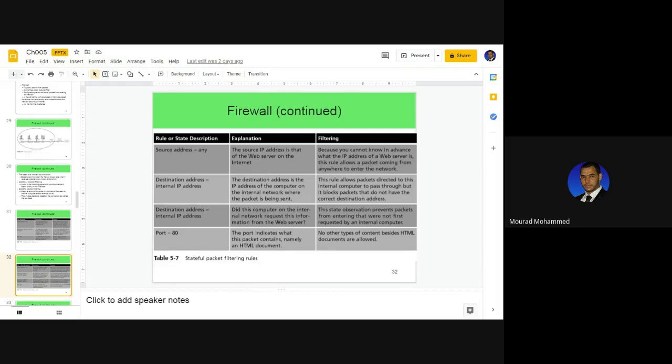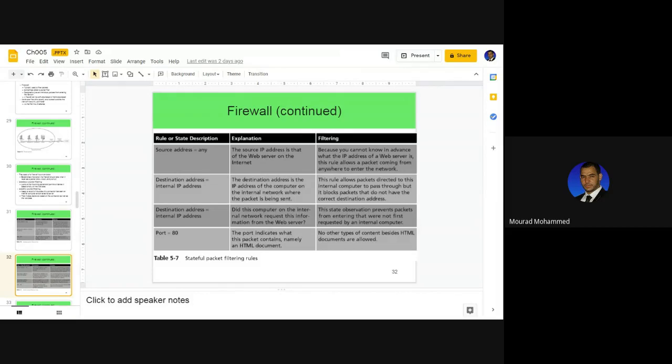Otherwise, if it is coming from the internal network, like in this example, it will let it pass. It will not make a data analysis. So this is a decision to be made by the firewall. When the packet has already arrived and it can read the data inside, it will see the source IP address and the destination IP address, and based on that it will decide whether it will read the content, the payload, or let it pass.